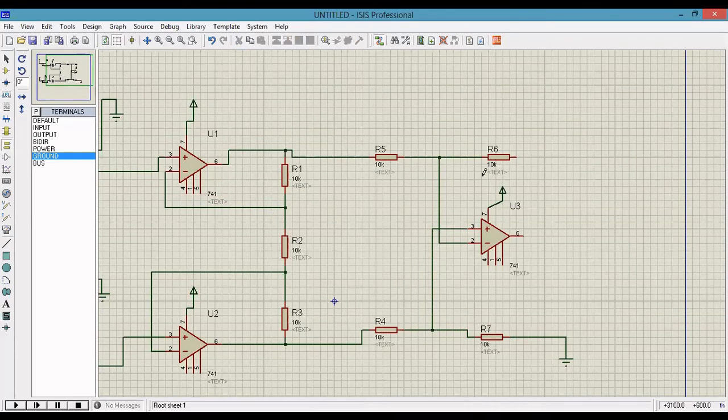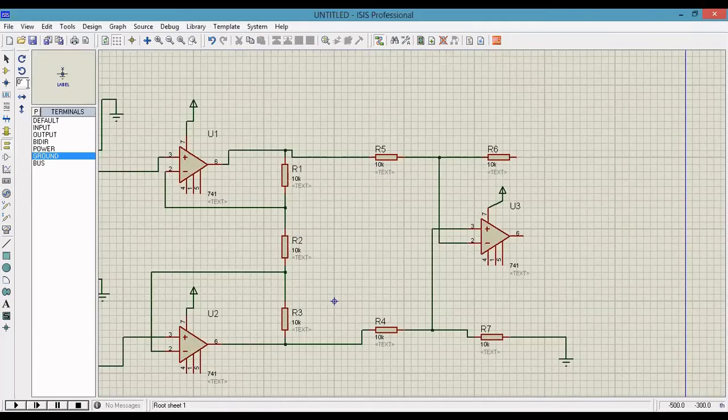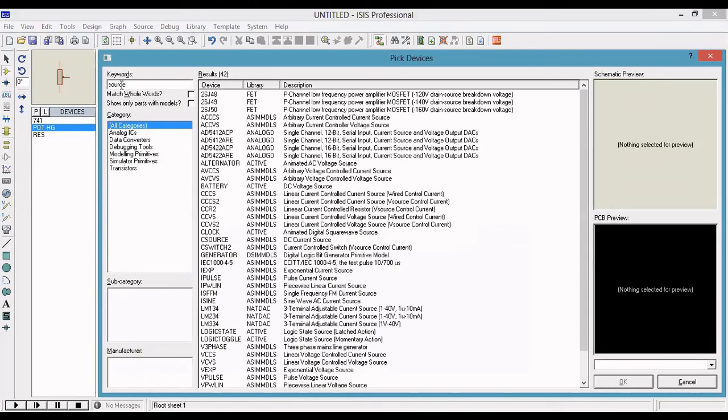Next, you have to give to the 3 op-amps minus 5 volt. For that, select components, DC supply or voltage. Select the source.